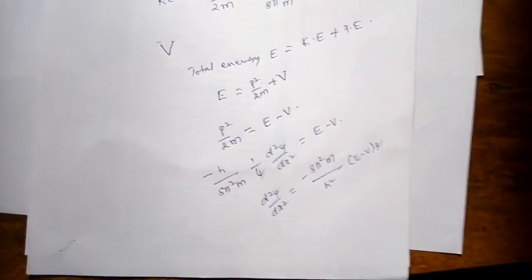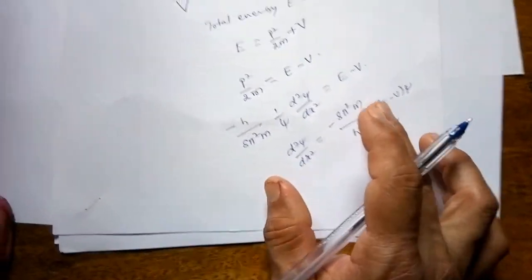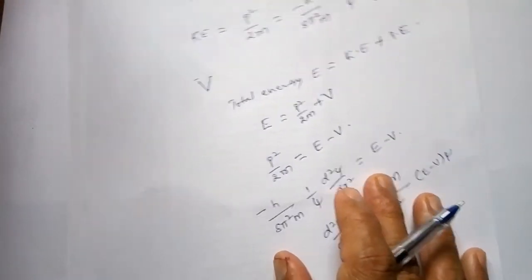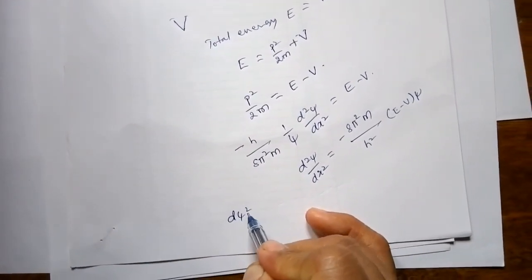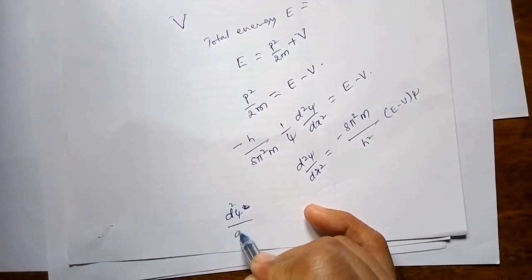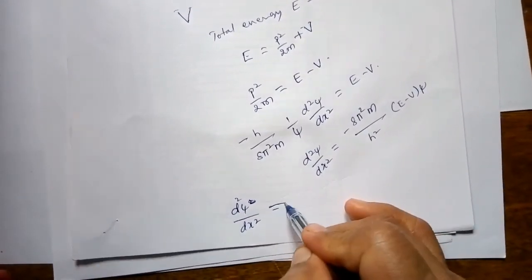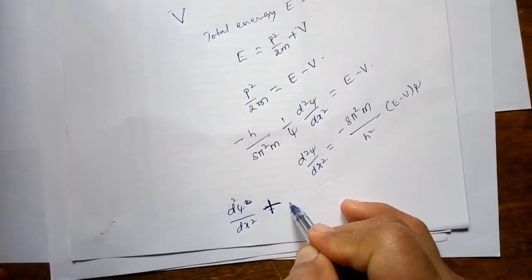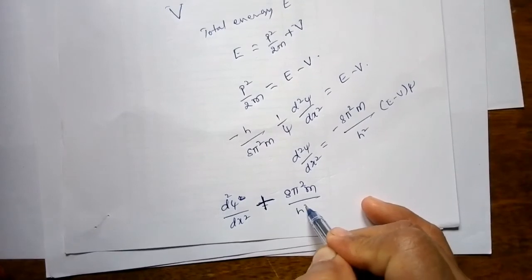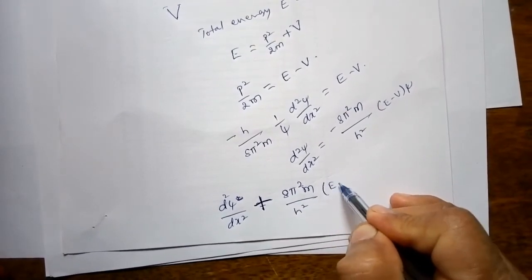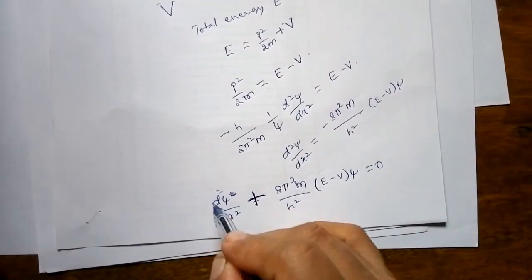Further rearranging, taking it to the left hand side, you get d square psi by dx square plus 8 pi square m divided by h square into E minus V psi is equal to 0.